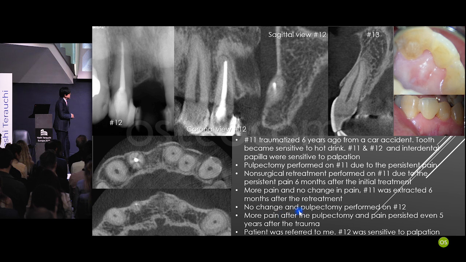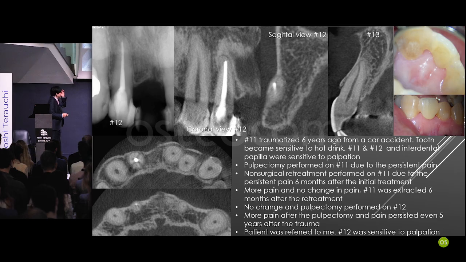The patient had more pain after the pulpectomy, and the pain persisted for more than 5 years. She was, of course, referred to me. When I saw her, I asked her, when did the pain start? Then she said, 5 years ago. Oh my God, 5 years ago. It's a chronic pain. So I don't think I can remove the pain by providing dental treatment.